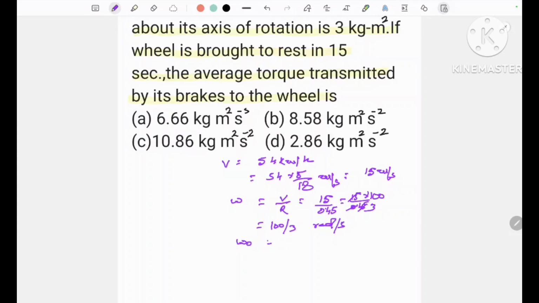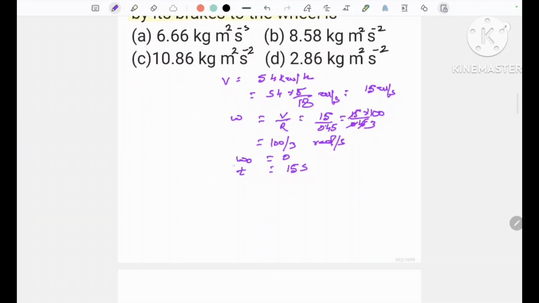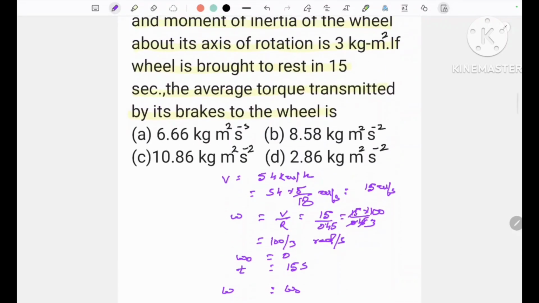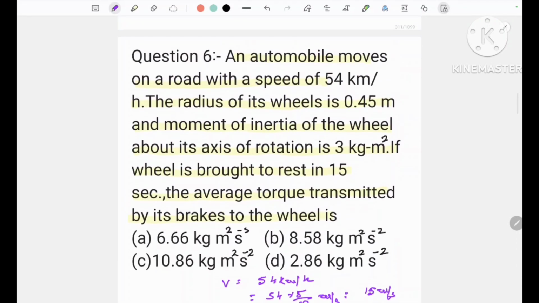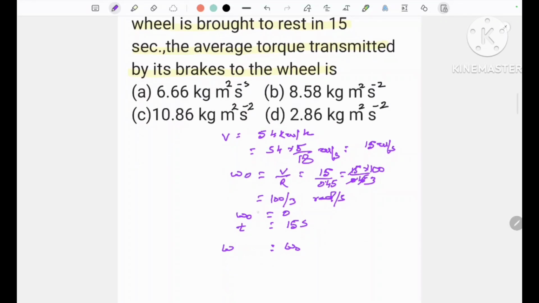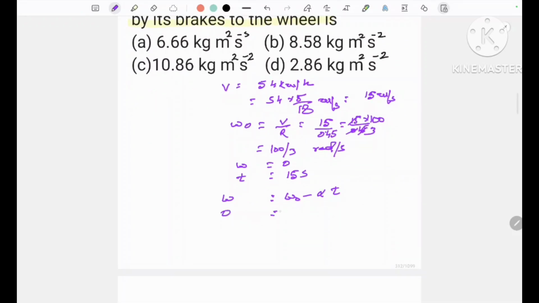Initial angular velocity is omega dot and time is 15 seconds. It comes to rest, so omega is equal to omega dot minus alpha t. 0 is equal to 100 by 3 minus alpha into 15.